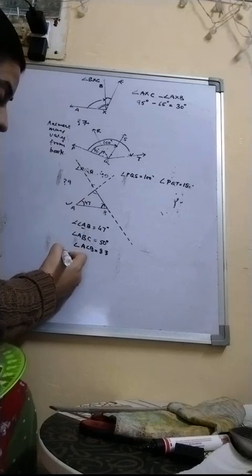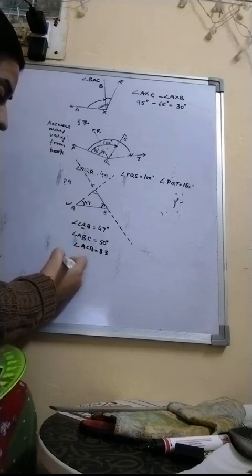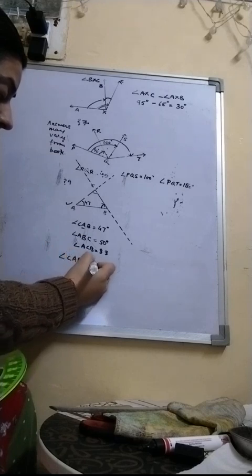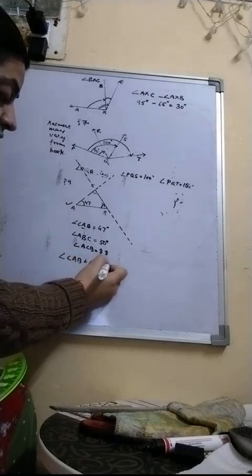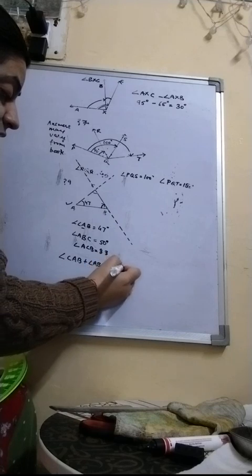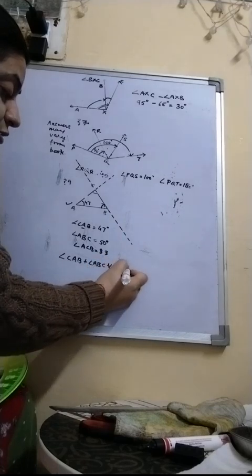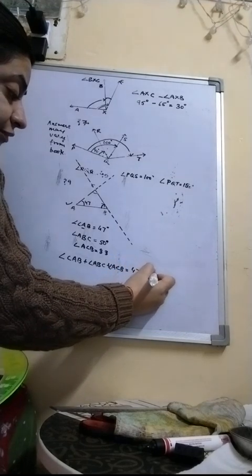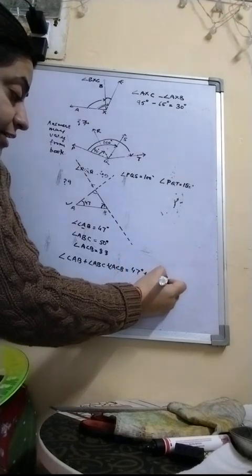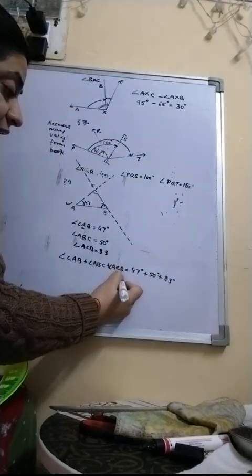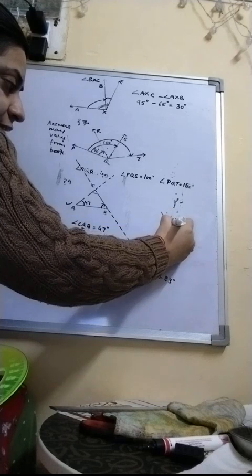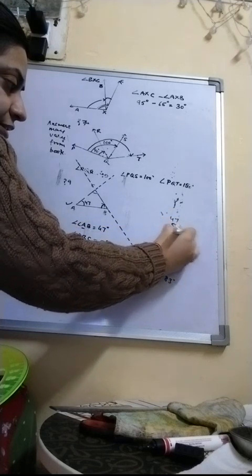So when you add up the 3, CAB plus ABC plus ACB, you get a total of 47 degrees plus 50 degrees plus 83 degrees, and your total becomes, let us calculate, 47, 50, 83.